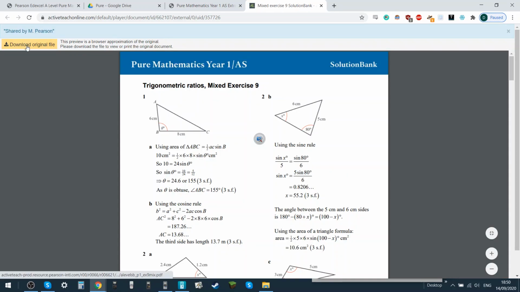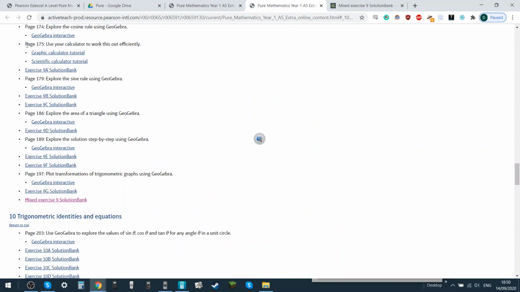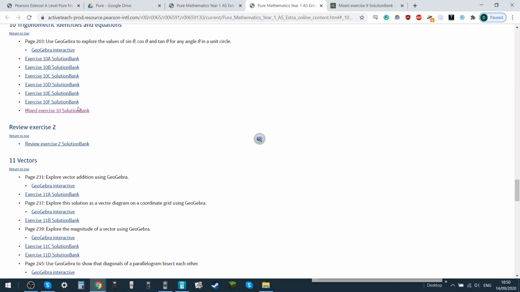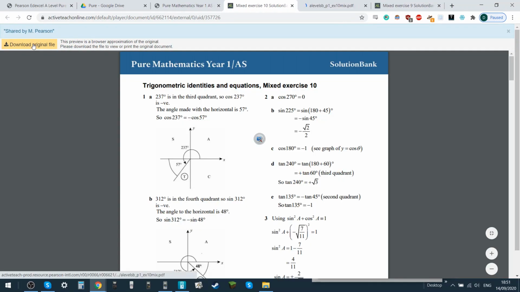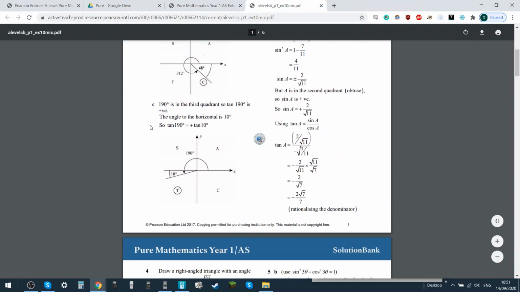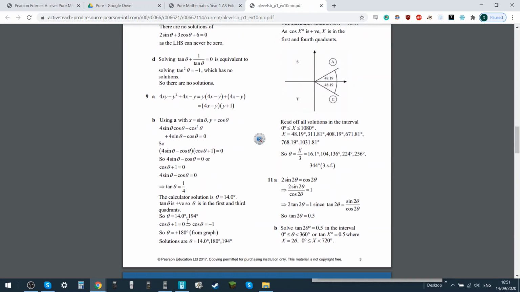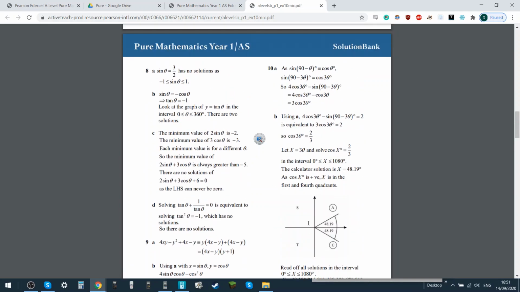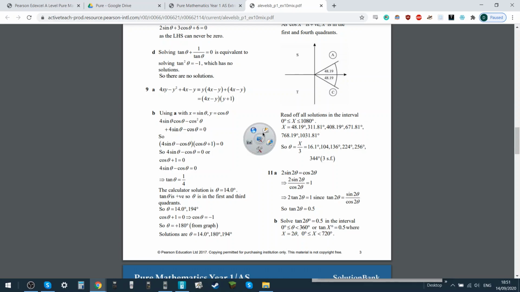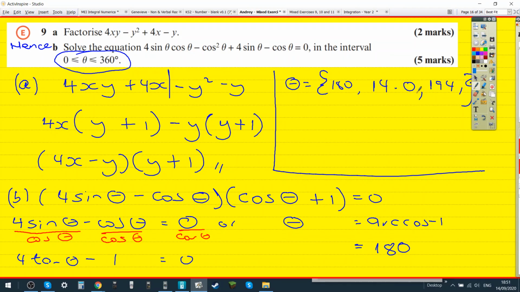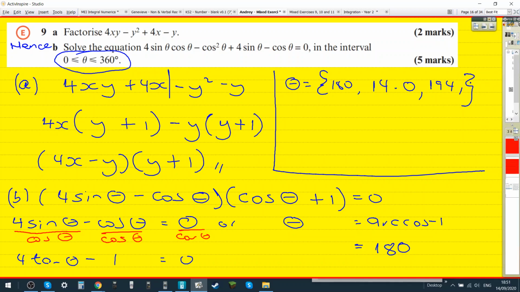Sorry, question 9 from the next chapter, so chapter 10. 14, 180, 194. Is that what you have? Yes, I think 14.0, 180, 194. That's it. Great. Any questions there?